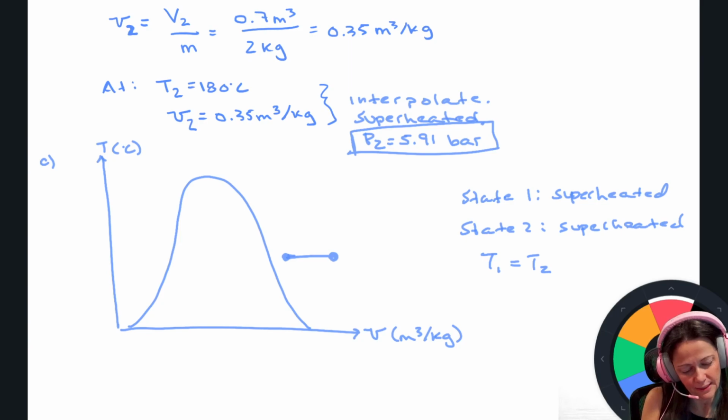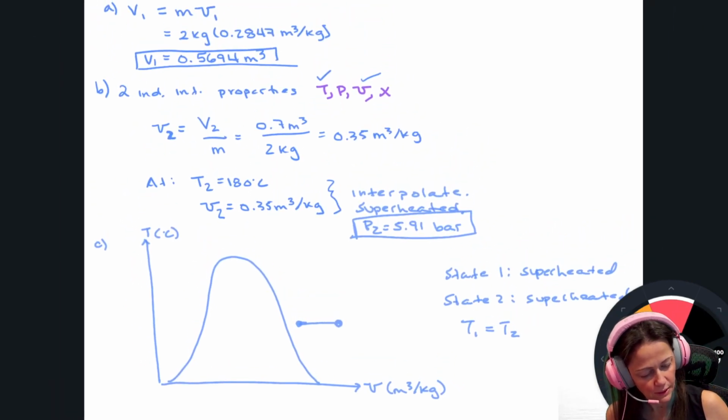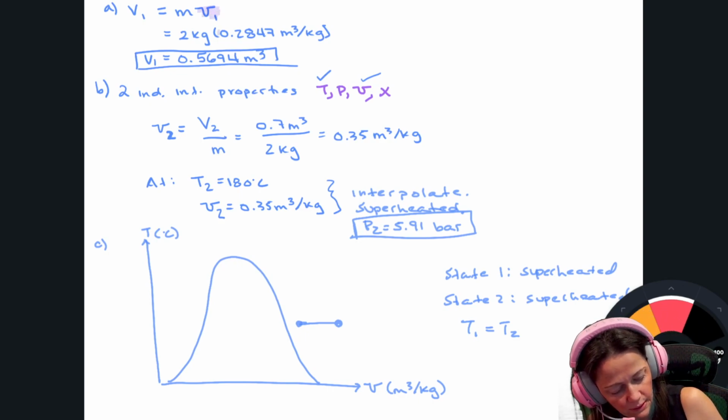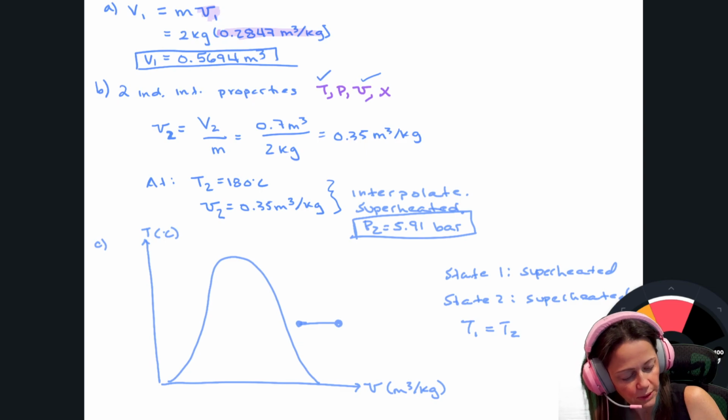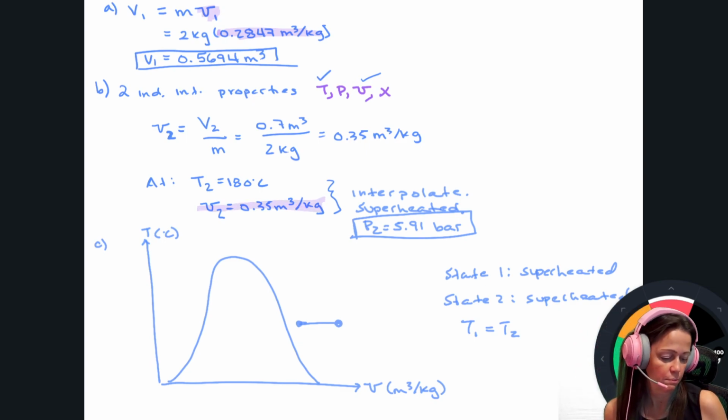All right. So let's look at our specific volumes. So my V1, 0.28 and change, and V2, 0.35 meters cubed per kilogram, right? Pay attention, it needs to be units of specific volume.